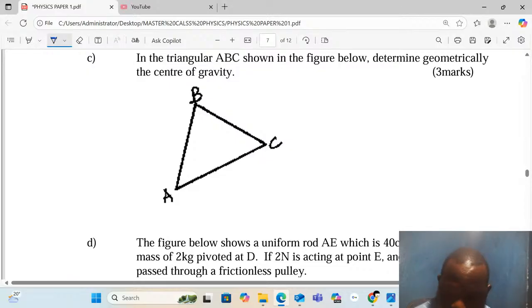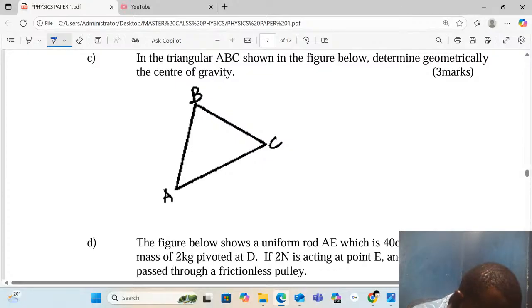Maybe in this case, mine may not be accurate because bisecting needs a high level of accuracy, and I do not have the apparatus to do that job.